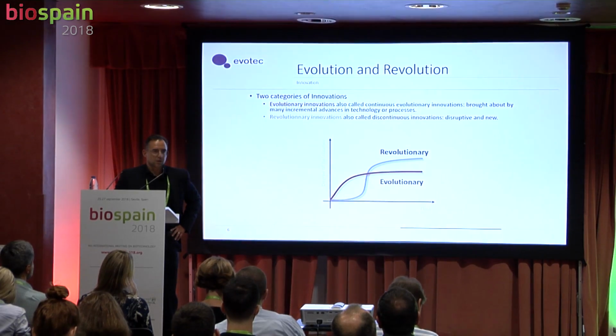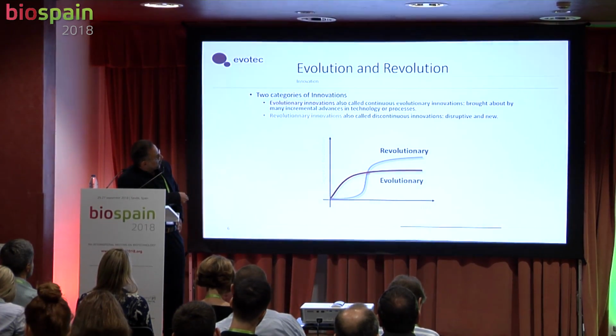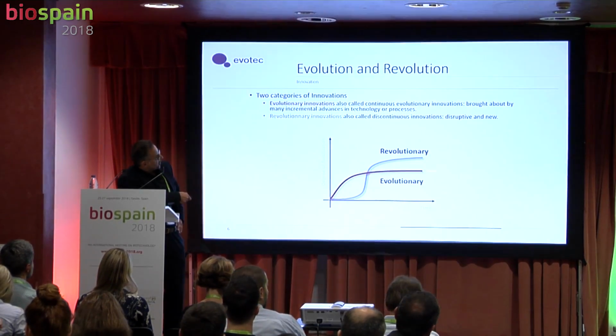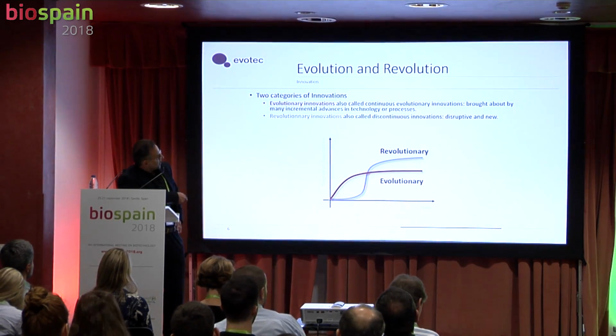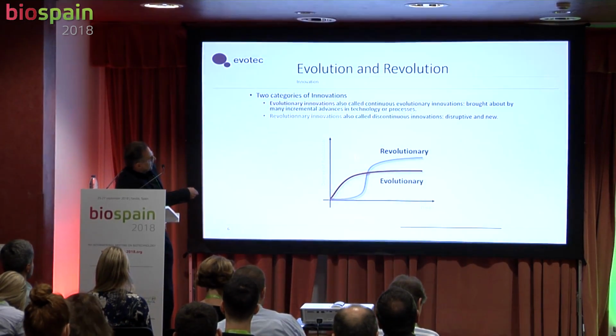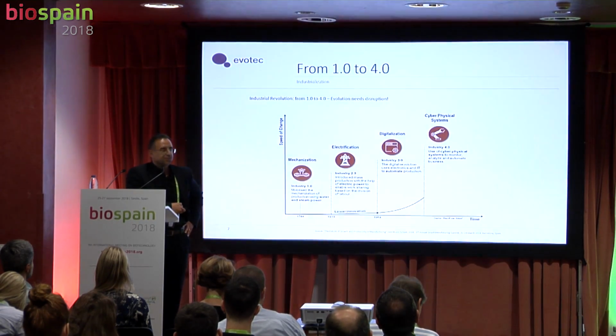By disruptive technologies like artificial intelligence, big data analysis, the Internet of Things. If you want to represent the progress, the evolutionary curve will be like this, and then you have the asymptotic revolutionary curve. And just here is where you have the impact of the disruptive technologies.